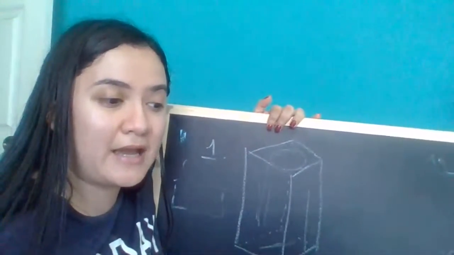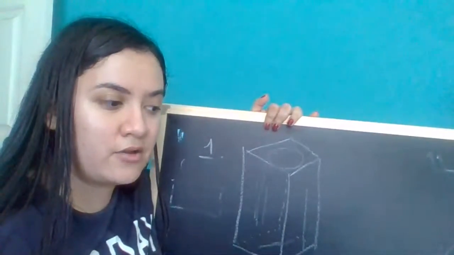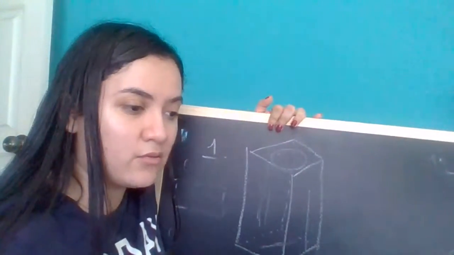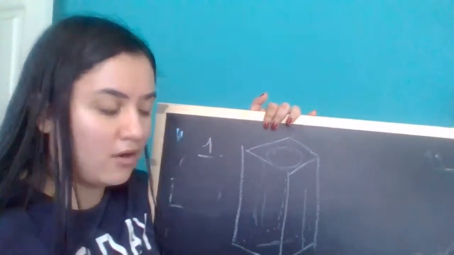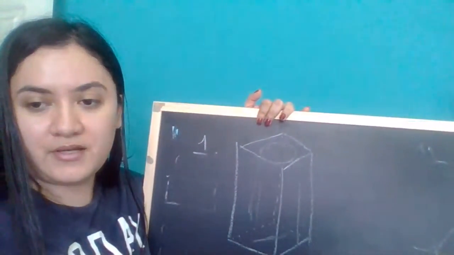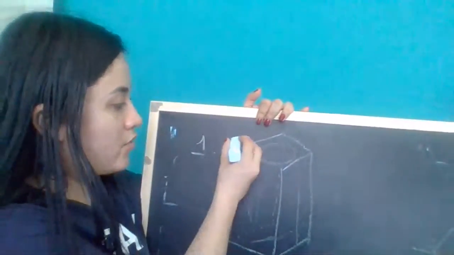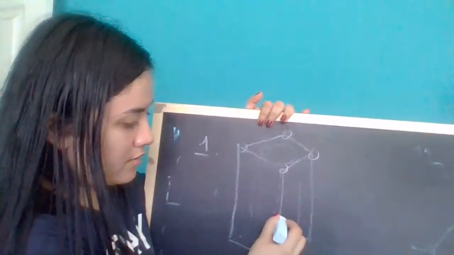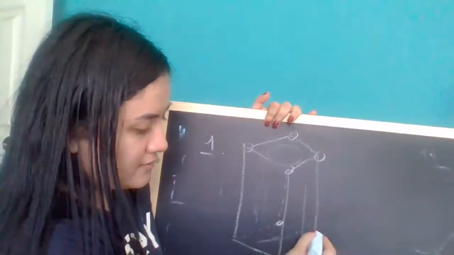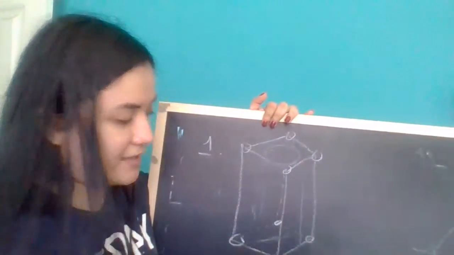Now we have to count the vertices. Remember that the vertices, or vertex, are the what? Each corner. So let's count. 1, 2, 3, 4, 5, the one in the back, 6, 7, 8.